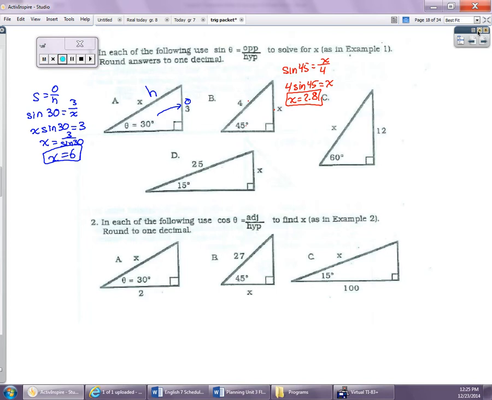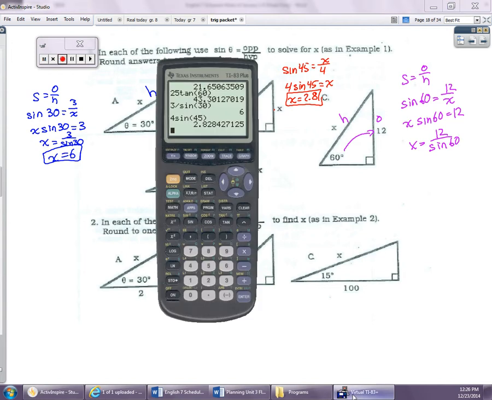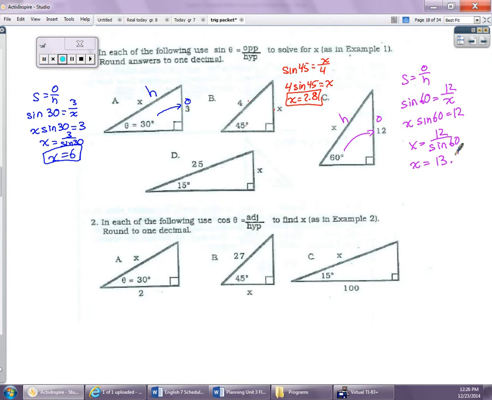Next one, we get opposite, hypotenuse, so it's sine. So the sine of 60 equals 12 over x. So x times the sine of 60 equals 12. x equals 12 divided by the sine of 60, which gives us about 13.9.